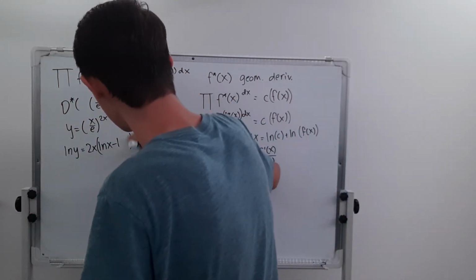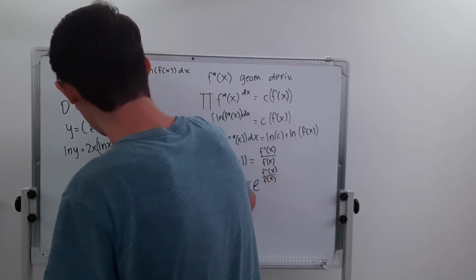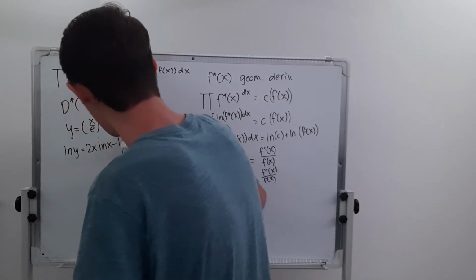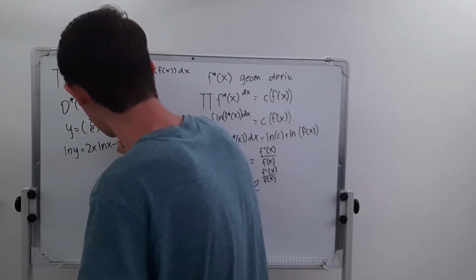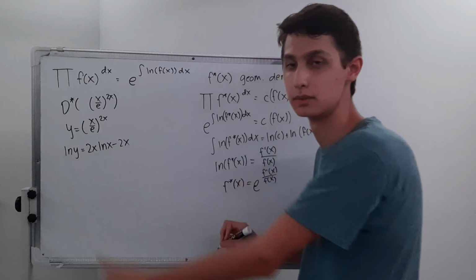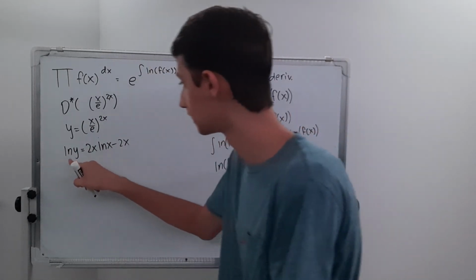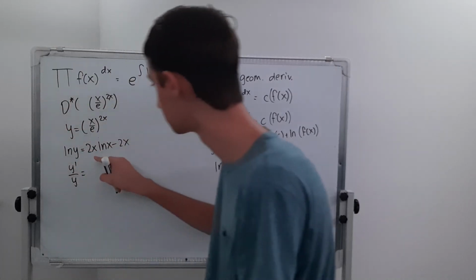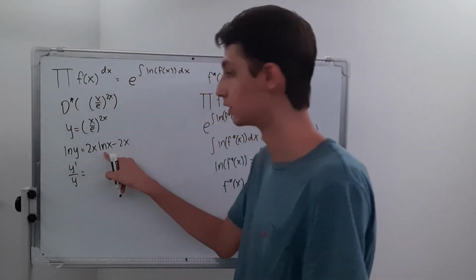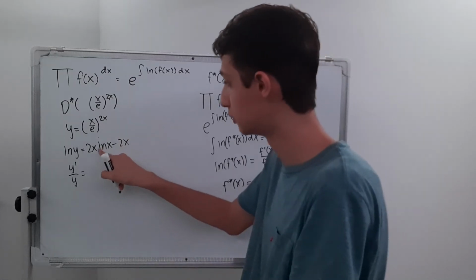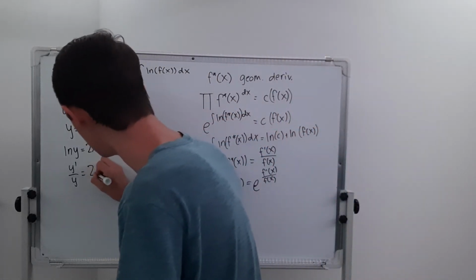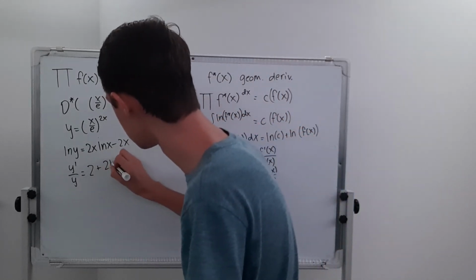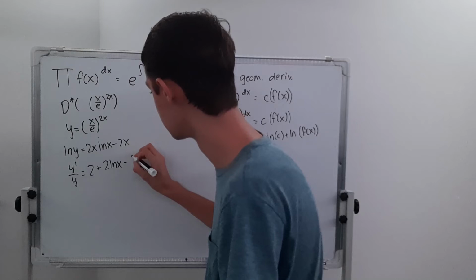So we can say that this is 2x ln x minus 2x, just by some more manipulations. And then we can take the derivative of both sides. We get that y prime over y is equal to 2x times the derivative of ln x, which is 1 over x, so 2x over x is just 2, plus ln x, so it's 2 ln x, minus the derivative of this, which is just 2.